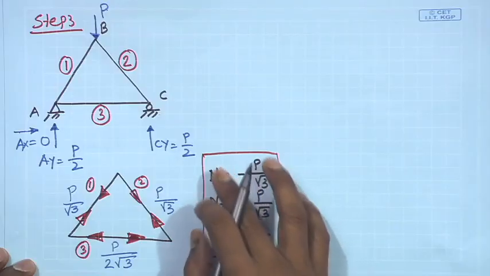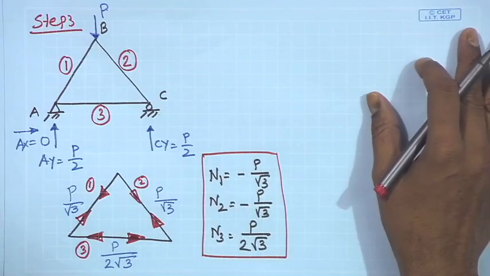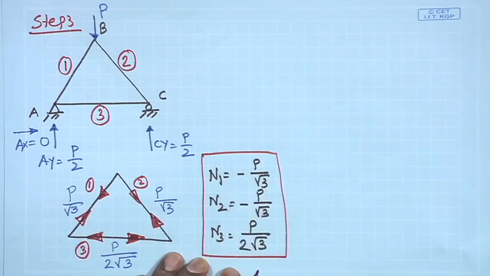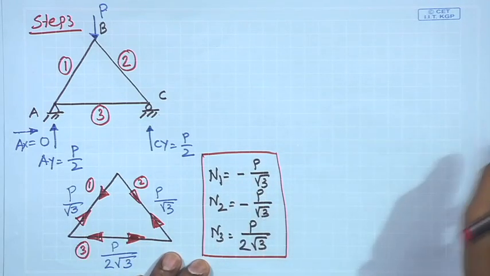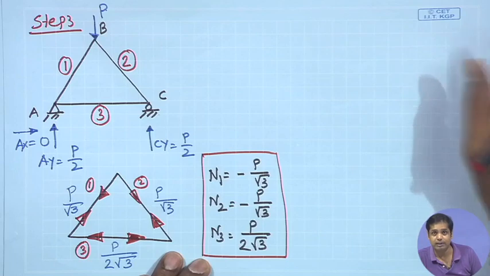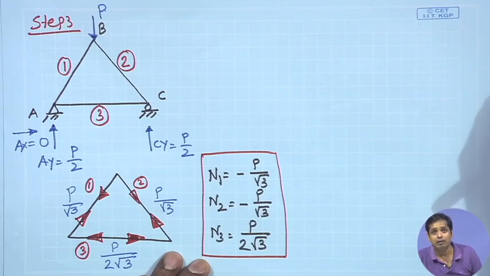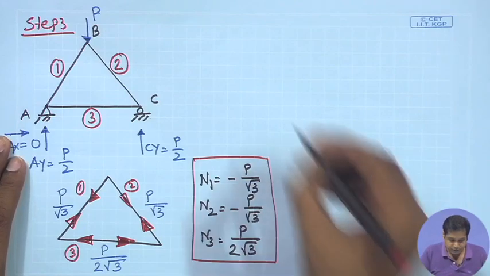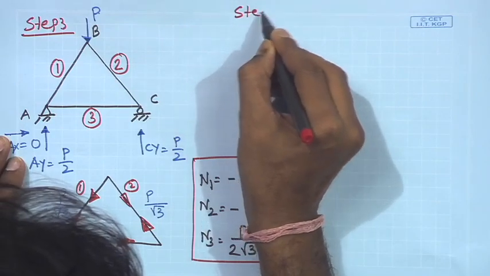So, the usual notation is when the structure is subjected to actual load, then it is written as N1, N2, N3, or capital letter M1, M2, M3 if it is moment, and when it is subjected to unit load, dummy load, then it is written as small letter. So, this is step 3.